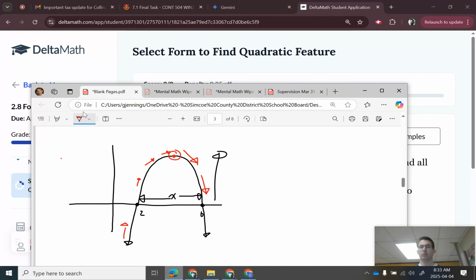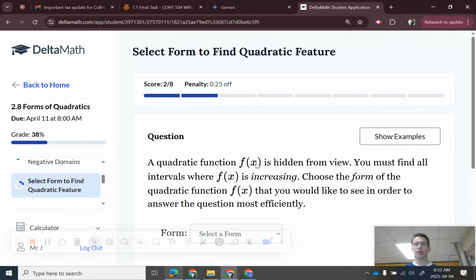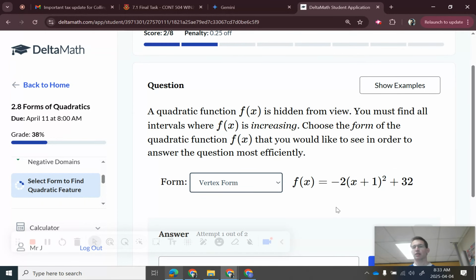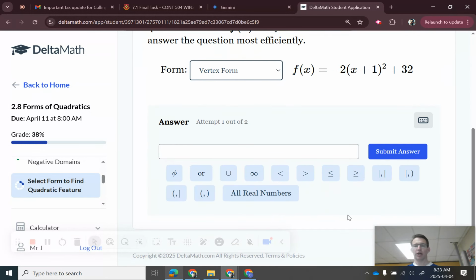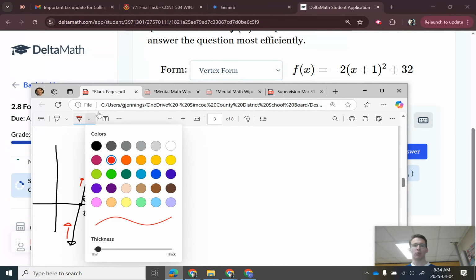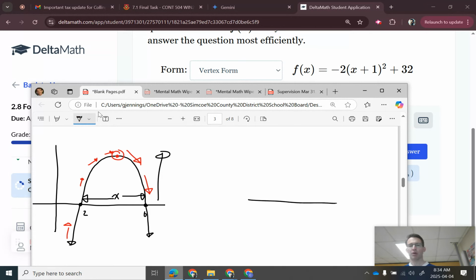So, let's use that to find the correct form. We're going to look at vertex form in this case. This one will tell me that the vertex is at (-1, 32), and it's opening downwards, so I create a little visualization of it. This can happen on your mental whiteboard, or on a whiteboard or a piece of paper. Okay, so here is (-1, 32). There's the vertex.